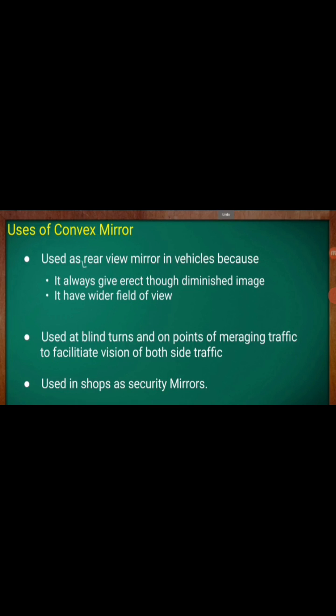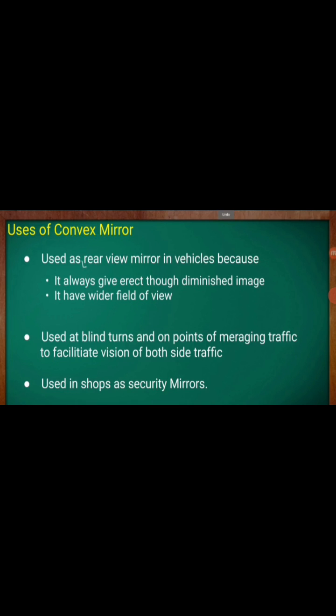Now a very important question which will be asked in almost all exams is: why do the rear view mirrors of a vehicle have a convex mirror? Give reasons. The very important reason is that it always gives an erect and diminished image, and the second point is that it has a wider field of view.